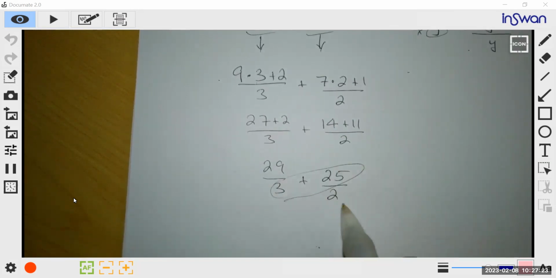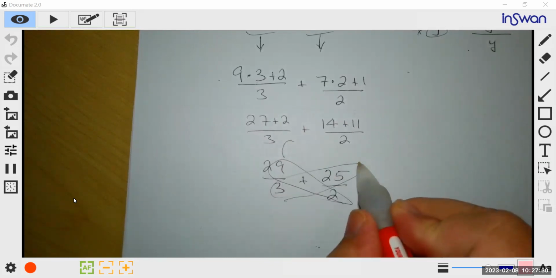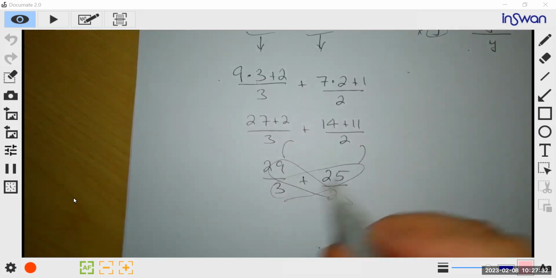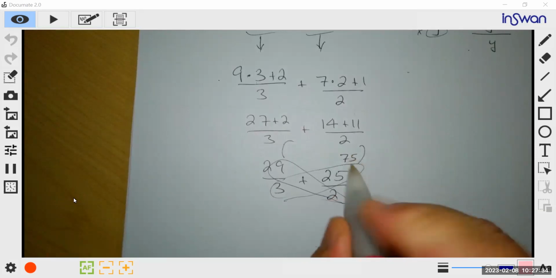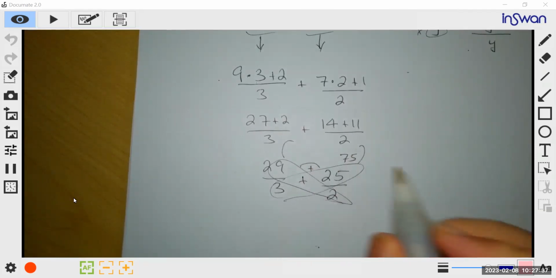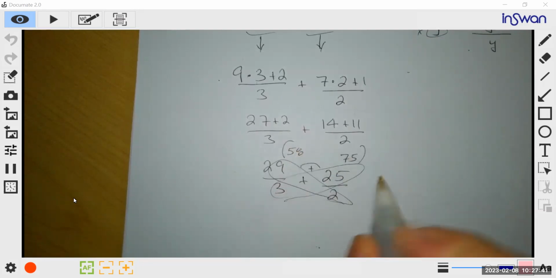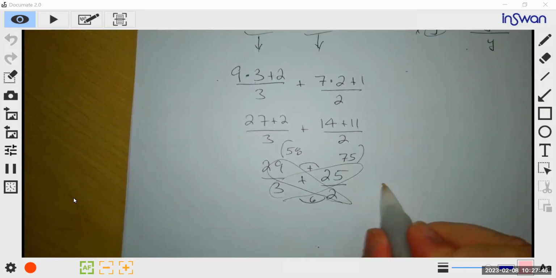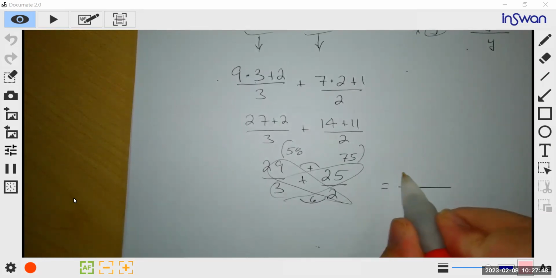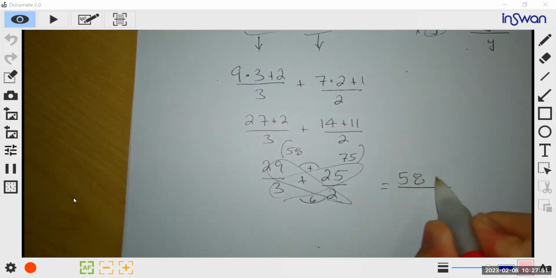Then we can do our butterfly. 15 times 3 is 45... The sign is plus. 29 times 2 is 58. 3 times 2 is 6.